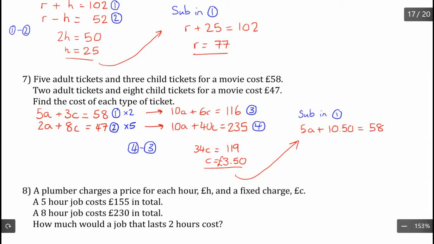So I'm going to take away £10.50 from 58. That leaves 5 adult tickets costing £47.50. And then if I divide by 5, an adult ticket costs £9.50. And those seem like quite sensible amounts to get for movie tickets.